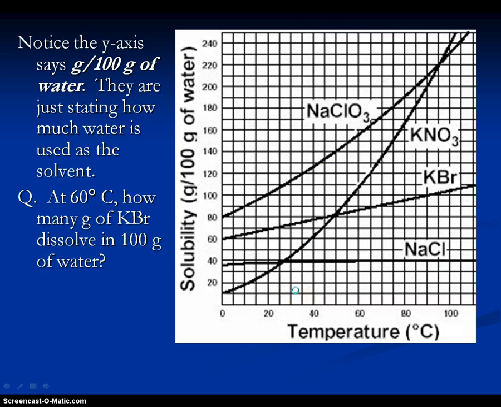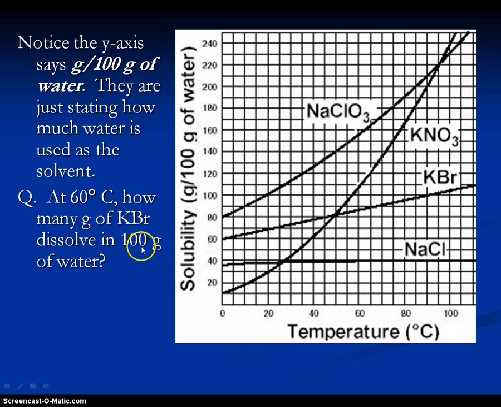Now, we can also use these types of graphs to figure out exact amounts. Notice that the y-axis says grams per 100 grams of water. So this is grams of whatever specific solute the curve is representing. So this would be sodium chloride, this is potassium bromide. So we could be asked questions like this: at 60 degrees, how many grams of potassium bromide dissolve in 100 grams of water?